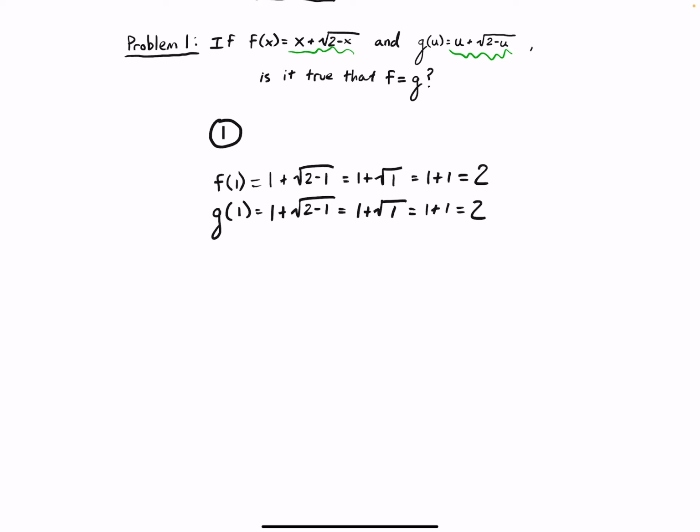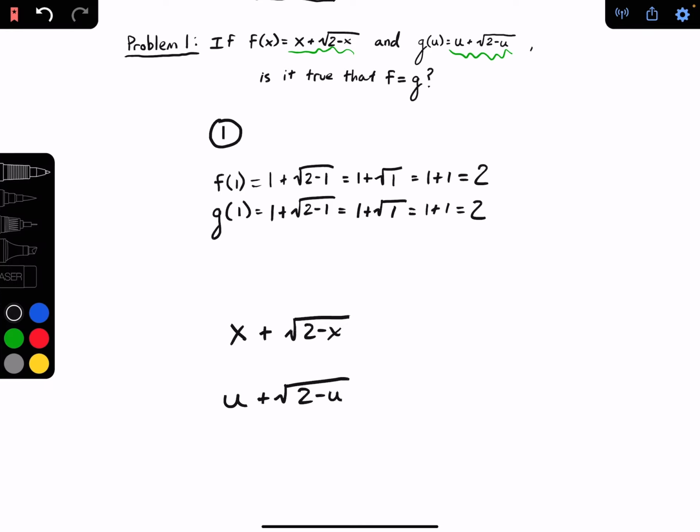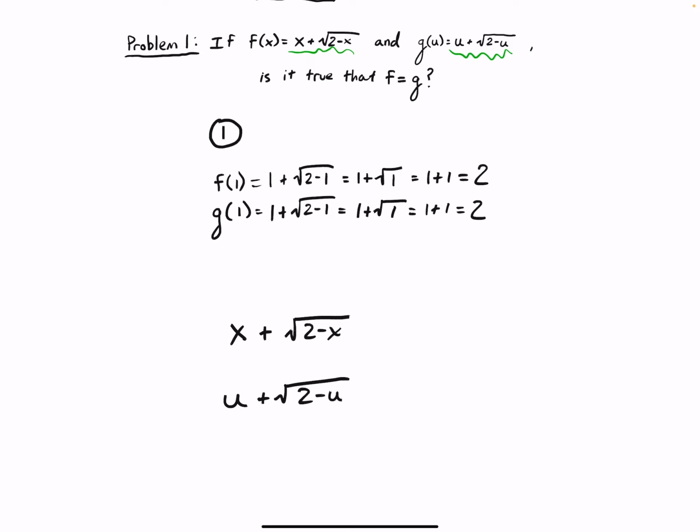F is x plus the square root of 2 minus x. G is u plus the square root of 2 minus u. We can see that we have variable u and variable x.